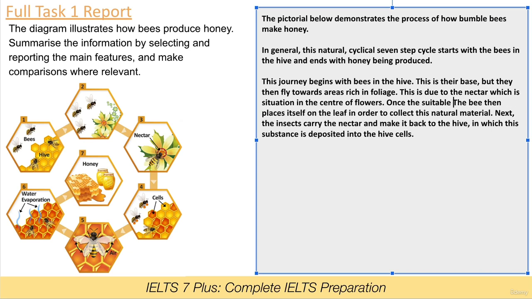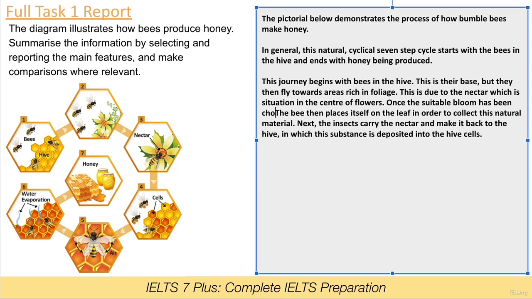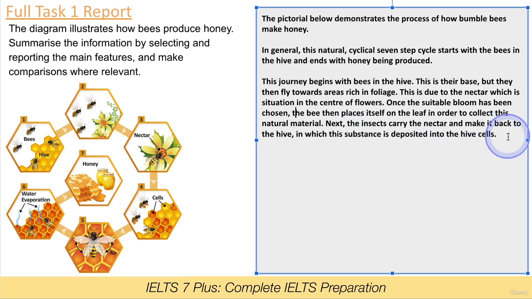Once the suitable bloom has been chosen, the bee then places itself on the leaf in order to collect this natural material. Okay, I think that's good. So as you can see, we've gone back and tweaked it a little bit, which I think is important. And that looks like a better paragraph now.